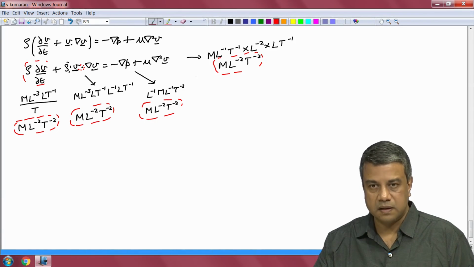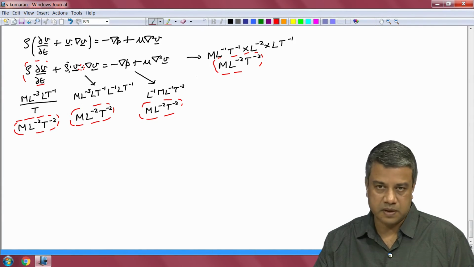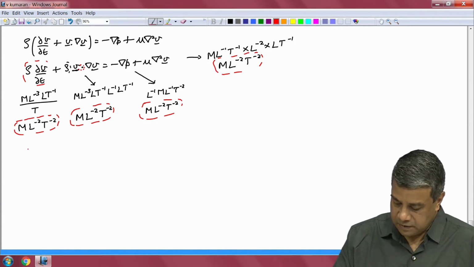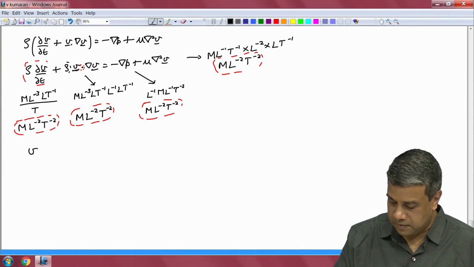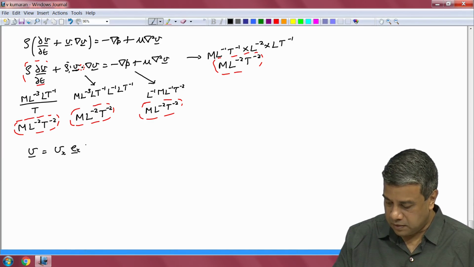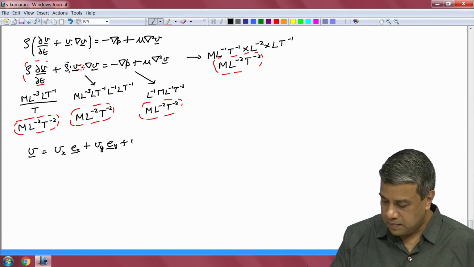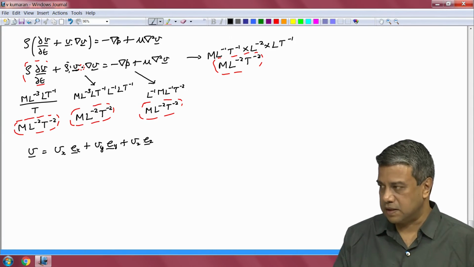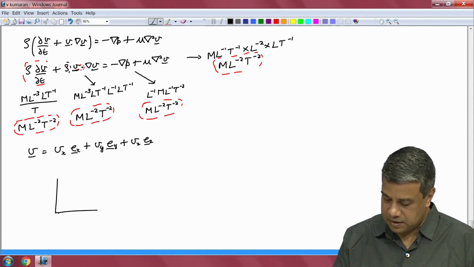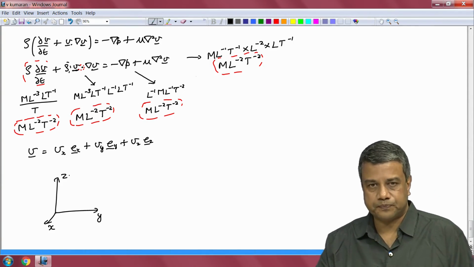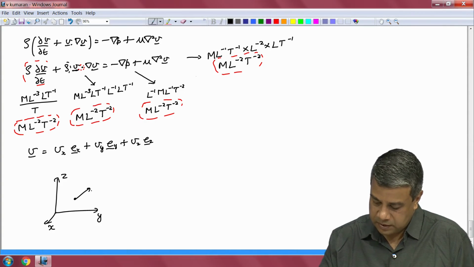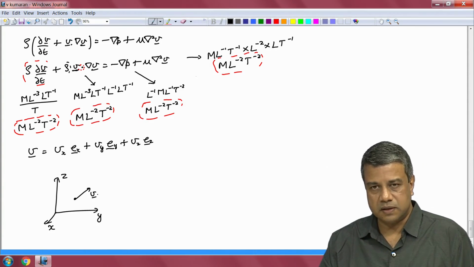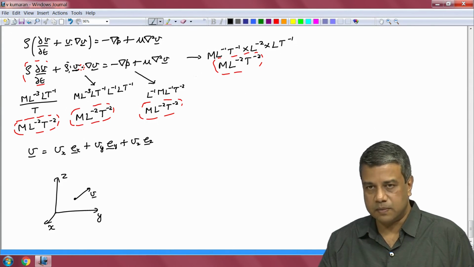For a vector, the components all have to have the same dimension, because the velocity vector can typically be written as the velocity in the x direction times the unit vector in the x direction, plus the velocity in the y direction times the unit vector in the y direction, plus the velocity in the z direction times the unit vector in the z direction, in a 3-dimensional space in which I have 3 coordinates x, y and z, and the velocity is defined at some point. This underscore I will use as a notation for vector. We will come to that later in the course.